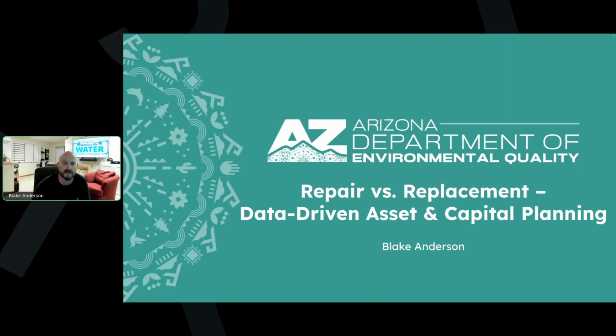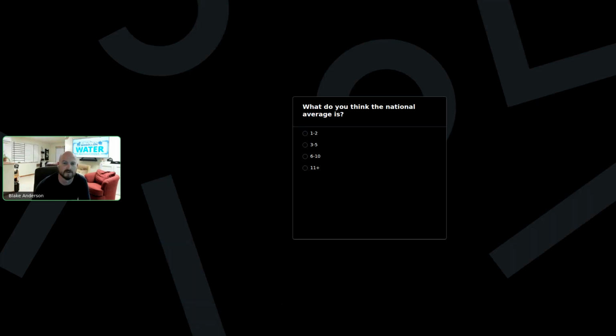Let's go to the next one then, Bram. What do we think the national average is? Same question, but not just for your utility, but what do you think the national average is? It's per 10 miles of pipe in the ground.